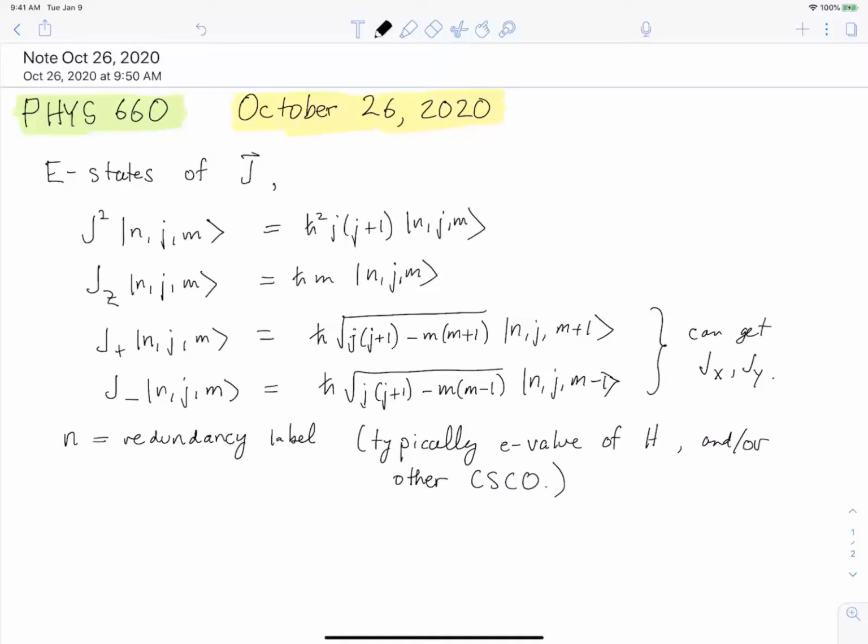And so last time, what we had started to do was to look at matrix representations for these operators. And so what that means is we're going to have states. I'm going to just drop the redundancy label because it does absolutely nothing in any of this. So the states are represented by vectors in an ortho basis.